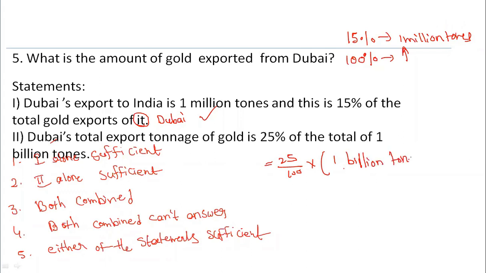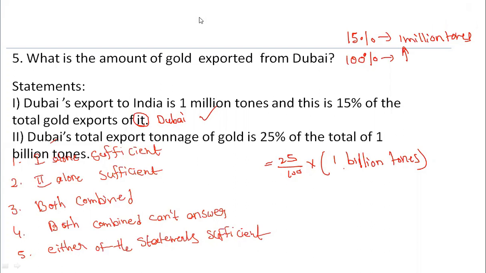I don't know the value of 25% of 1 billion tons, but it will be some value. So I can answer the question with the second statement alone, as it has a numerical value for the calculation. That means with the first statement alone, you can answer how much is the total gold exports from Dubai.